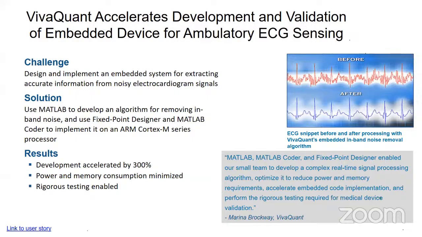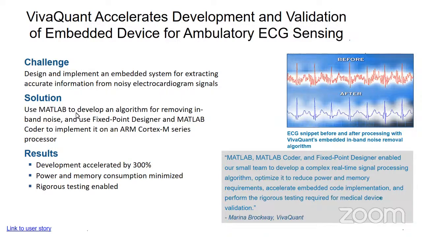Unlike traditional ECGs, which provide a snapshot of heart activity, ambulatory ECG offers continuous monitoring, allowing the detection of irregular heartbeats.